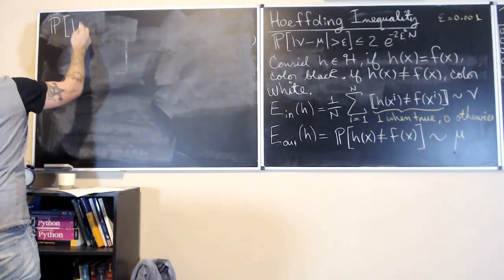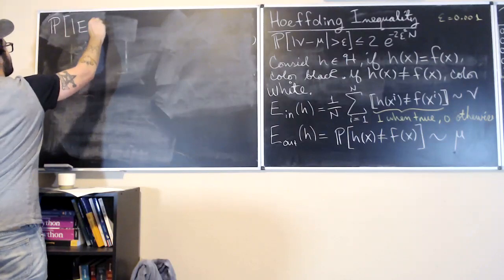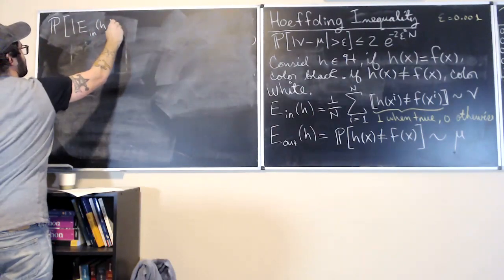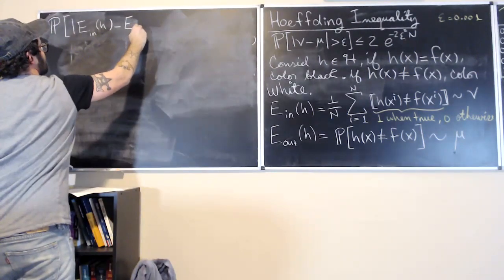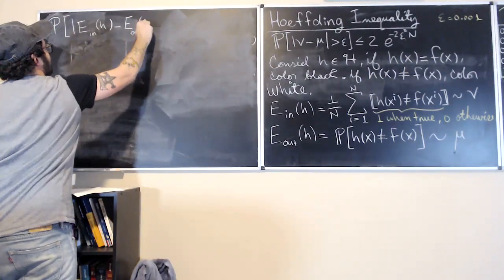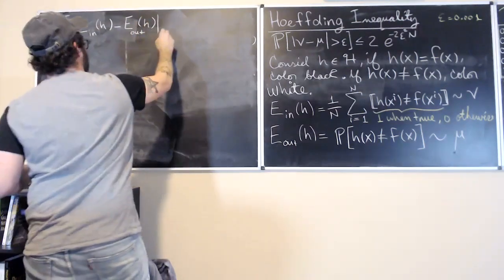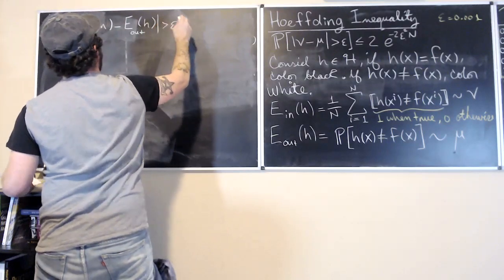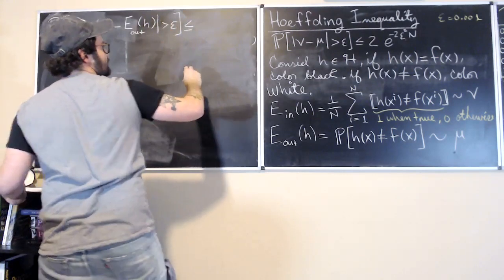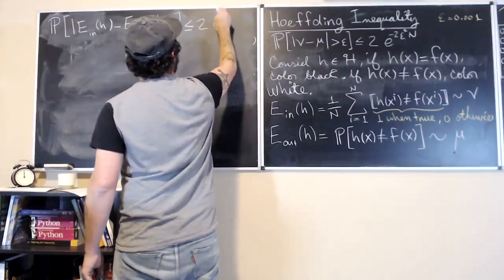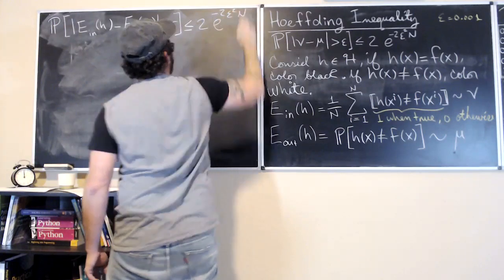We're going to look at the absolute value of the in-sample error for a given H minus our out-of-sample error for a given H. The probability of that being greater than epsilon, for some positive number epsilon, is at most 2 times the negative exponential, like that.